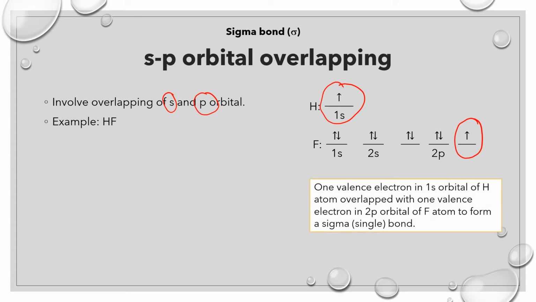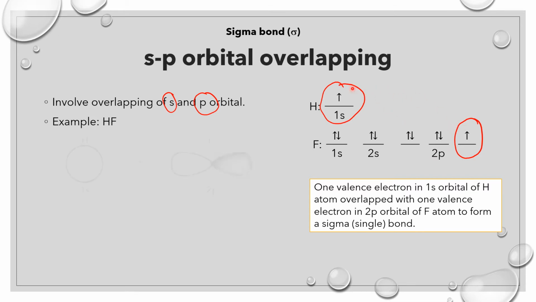So one valence electron in 1s orbital of hydrogen atom overlaps with one valence electron in 2p orbital of fluorine atom to form a sigma bonding. To form a sigma bonding, we must use unpaired electrons only. Paired electrons cannot be used for overlapping to form sigma bonding. We only use unpaired electrons.